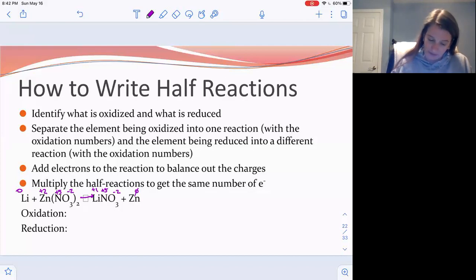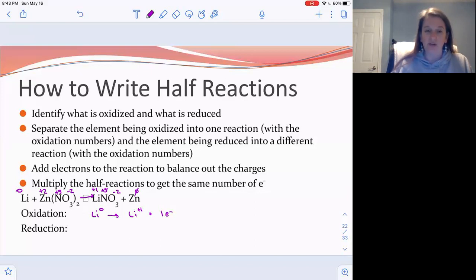So we're going to have lithium going from 0 to lithium +1. We have to write electrons in order to balance out our charges. So that's going to be 1 electron here.